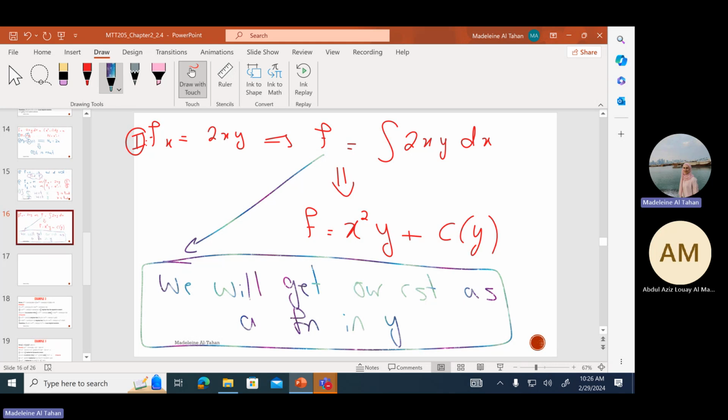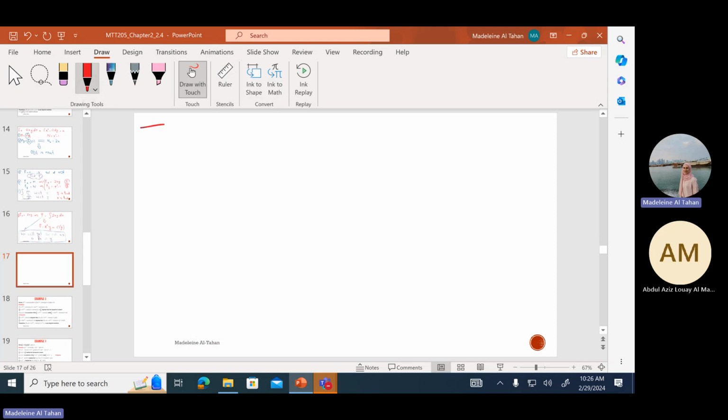So now deal with equation number 2. Did we finish writing from the board? So equation number 2, what does it imply? Fy equals N. Fy equals x squared minus 1. So we need to integrate with respect to what?